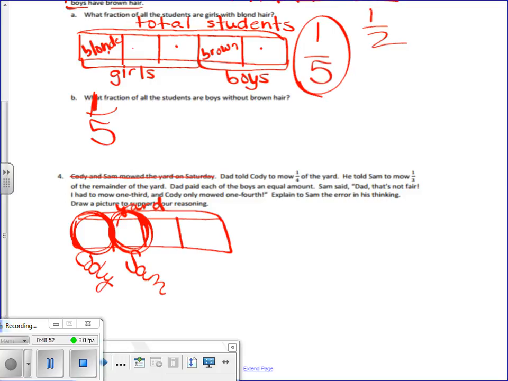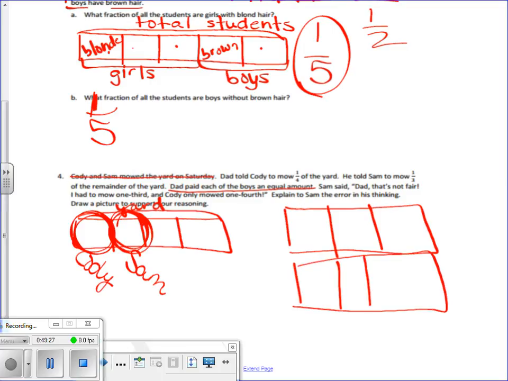So when Dad paid each of the boys the same amount, Sam is like, Dad, that's not fair. I had to mow 1/3. Cody only mowed 1/4. Why is Sam wrong? Sam is thinking that he did more, because if you're thinking about thirds as opposed to fourths.